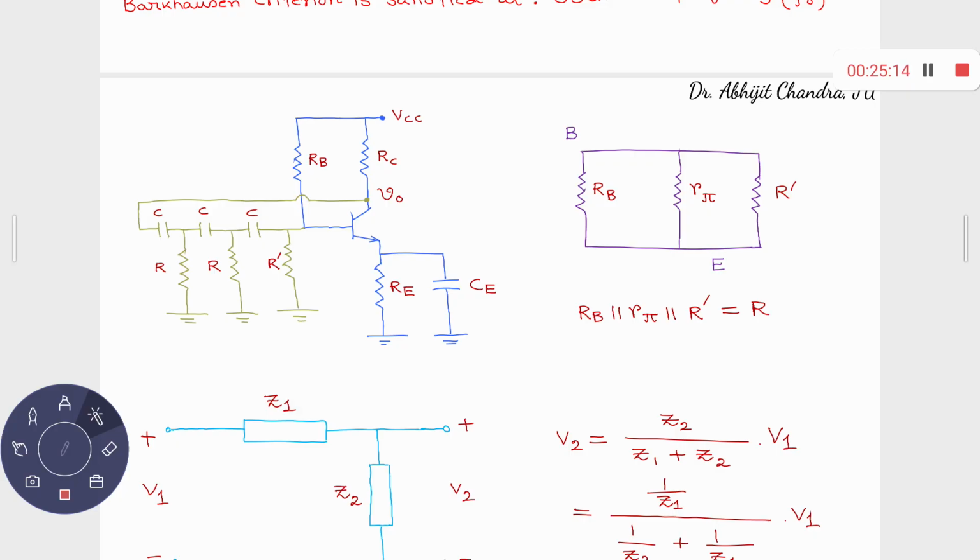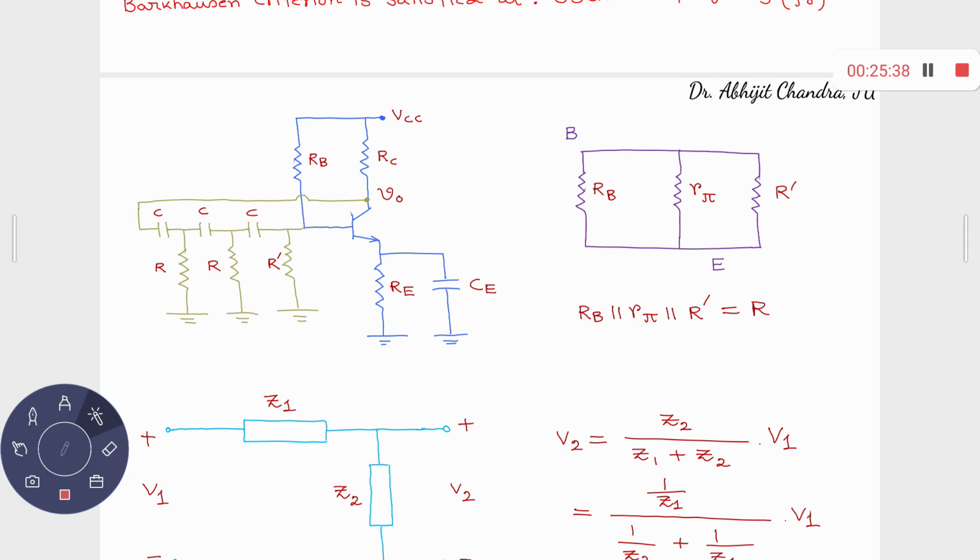So we have to select R dash in such a fashion that the parallel combination of R dash, RB, and R pi will give you R. So ultimately, this is a CR stage, this is a CR stage, this is also a CR stage.